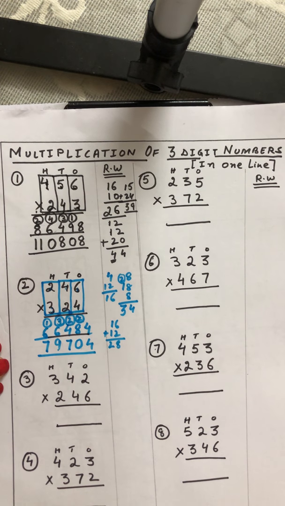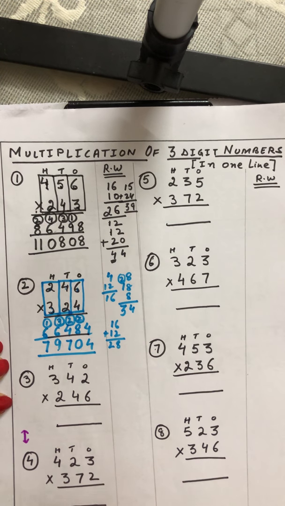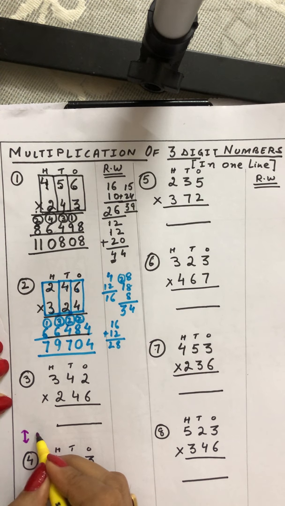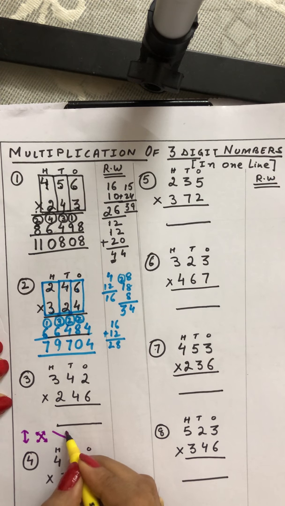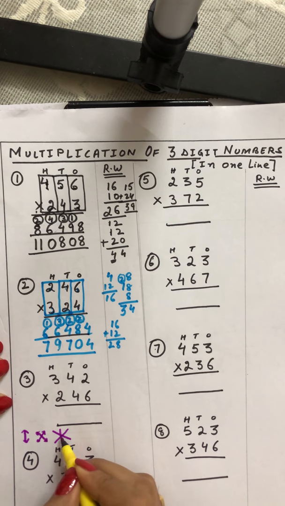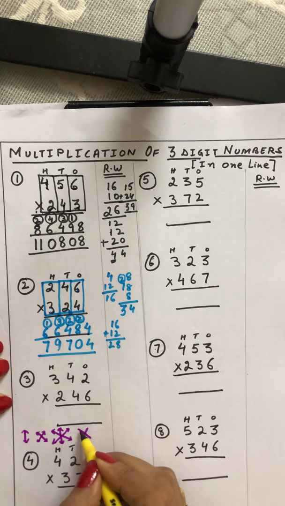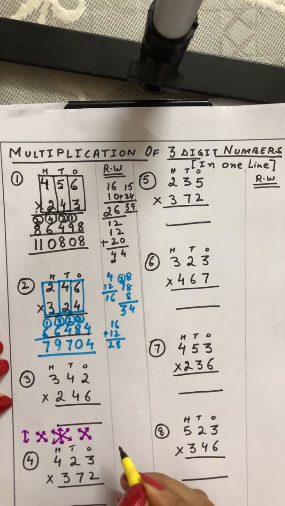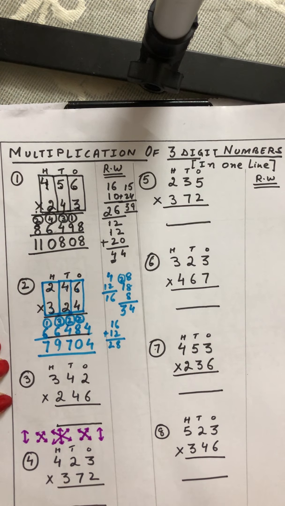See, the pattern that we follow in this multiplication is: first we multiply vertically, then we multiply in cross, the third step is multiplying in cross as well as vertically, and the fourth step is again cross of 2 numbers and then vertical multiplication of 2 numbers.